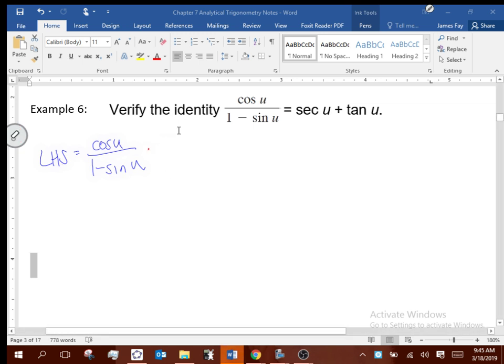But if I multiply by that, maybe something starts to happen. Okay? Is that still 1? Now, why would I have chosen that? What is 1 plus sine u in relation to the stuff that's over here?